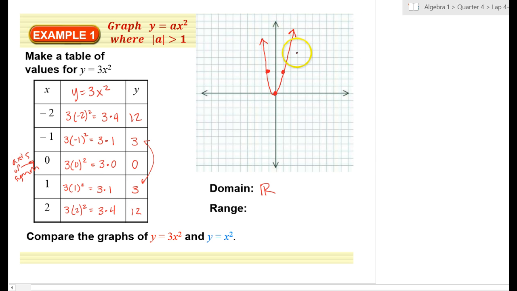But as I look down, my graph only goes so far. It only goes to where y equals 0. So my range will be y greater than or equal to 0, because 0 is my lowest point, and it goes above 0, so greater than or equal to 0.